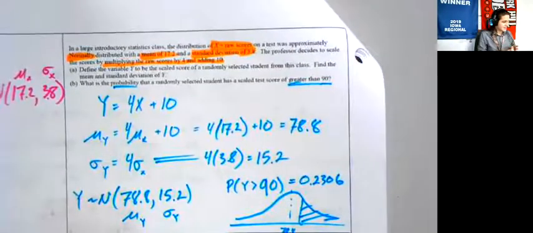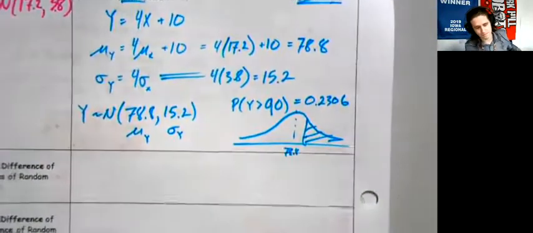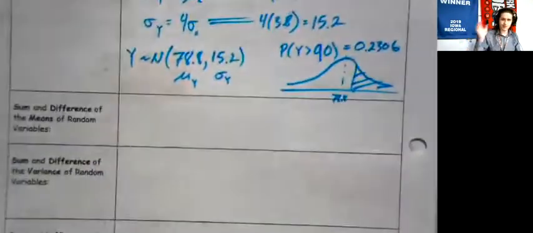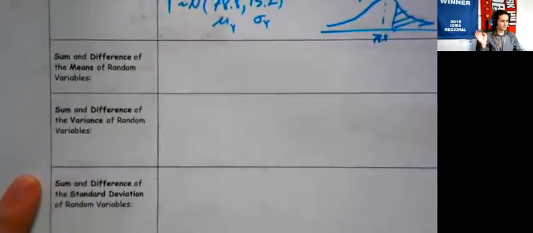2, 3, 0, 6. Okay, now the second most important set of formulas for this unit. We have the transformations formulas first. Transformations, taking one thing, multiplying, adding, dividing, subtracting to turn it into another thing. But now we're talking about combinations.